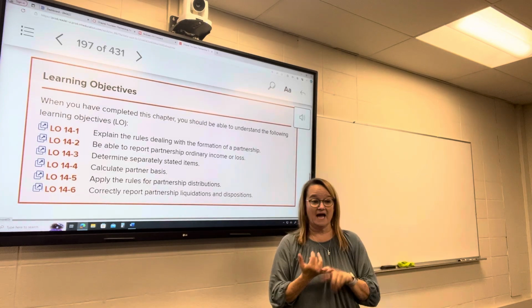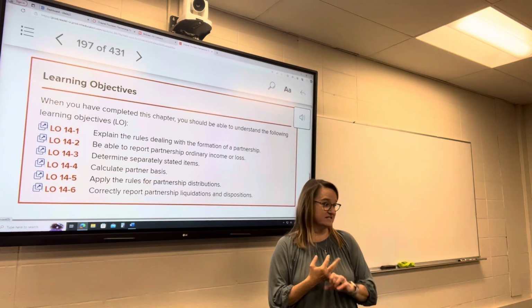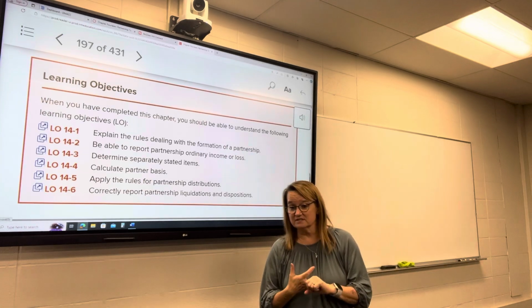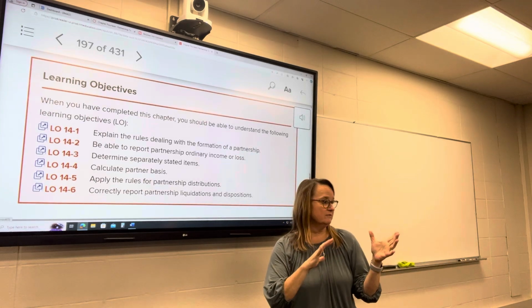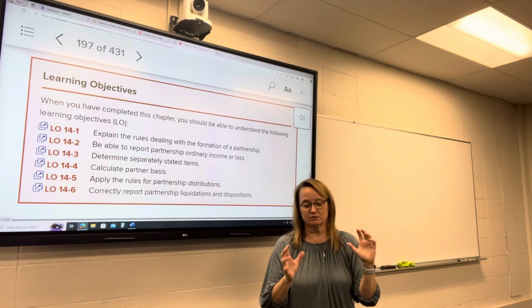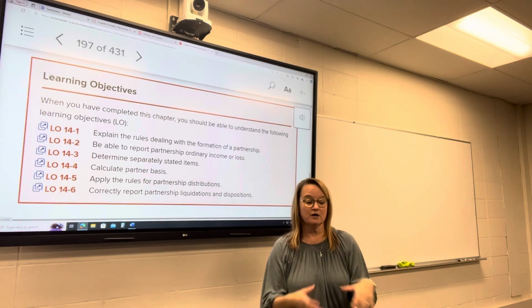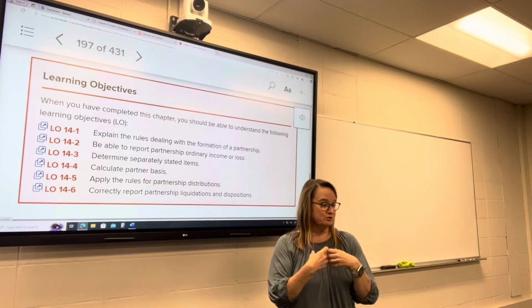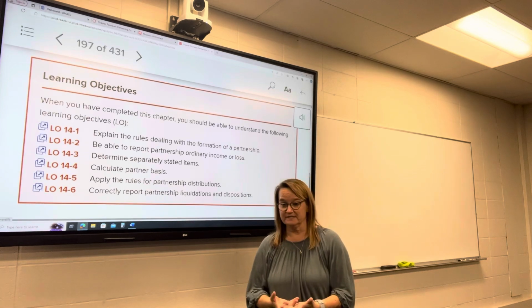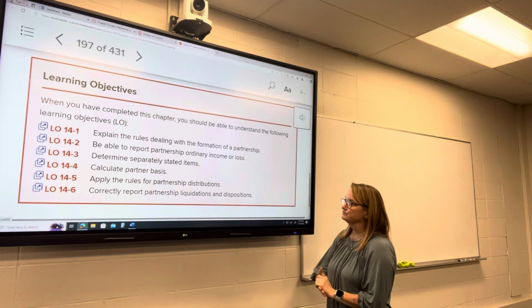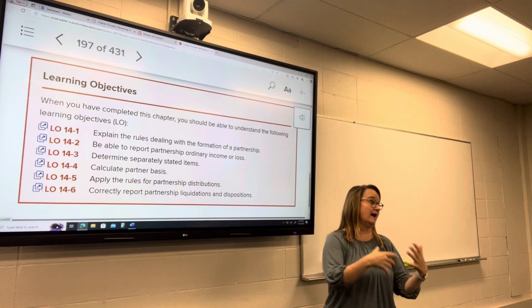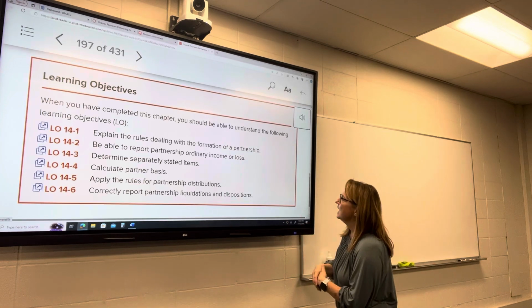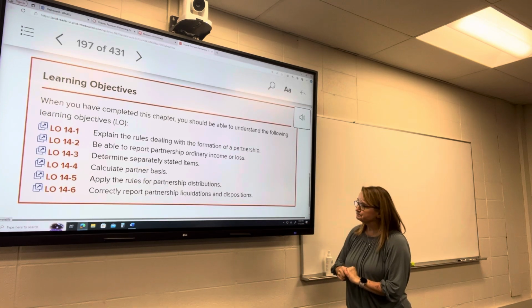Might be cash, might be assets, might be services. So we want to look at those different types of contributions to a partnership, and what the tax treatment is, both at the time of the contribution and after the fact as well.